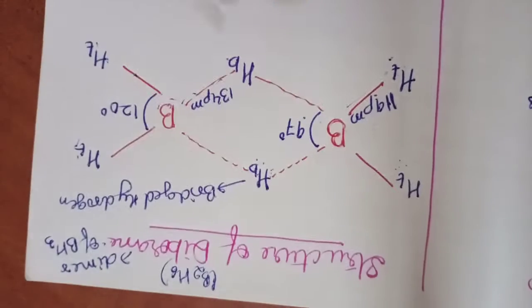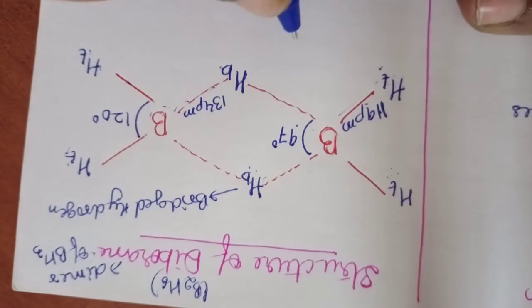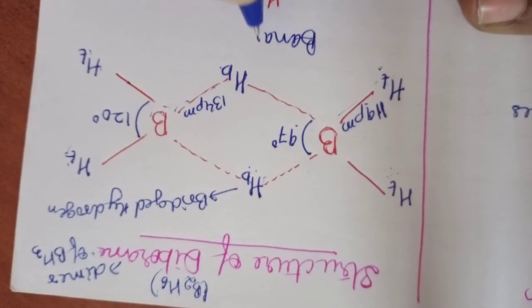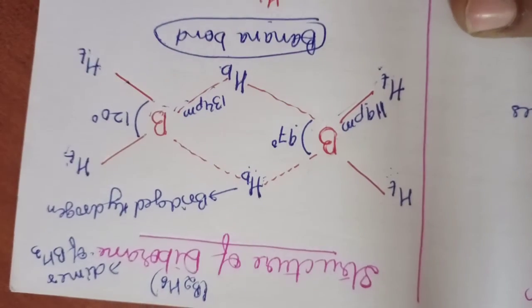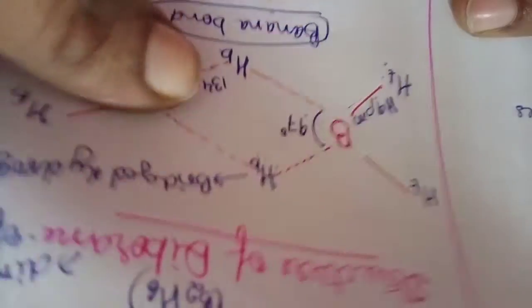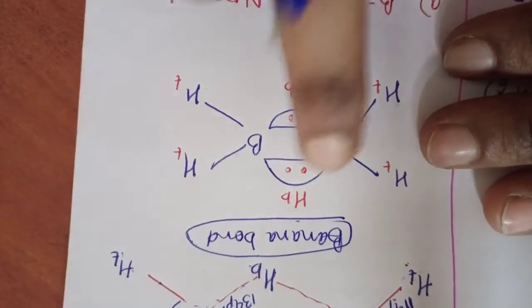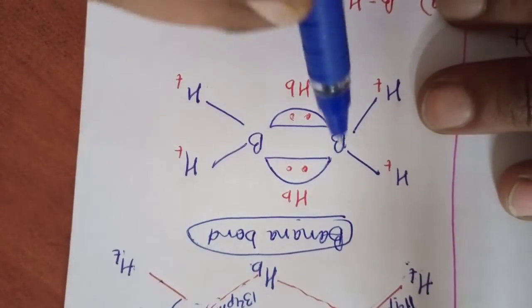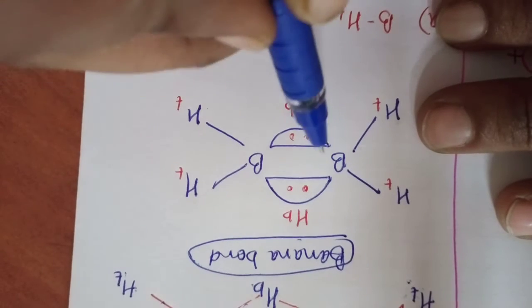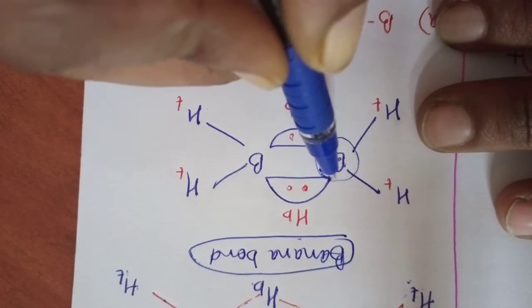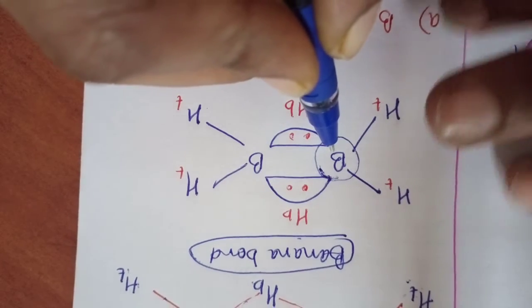Now this structure forms banana bonds. What is a banana bond actually? Just see here, it is actually a banana-shaped bond like this. Let us say this is the first boron.